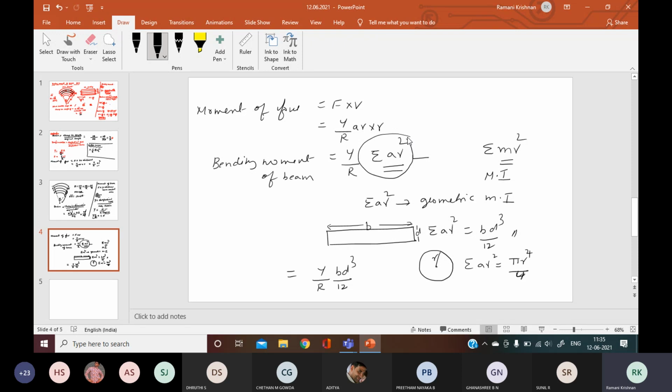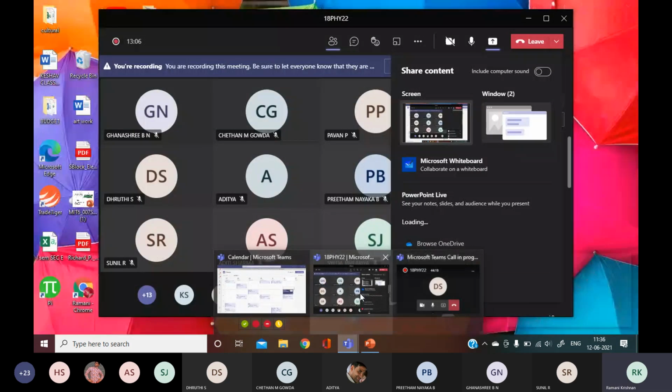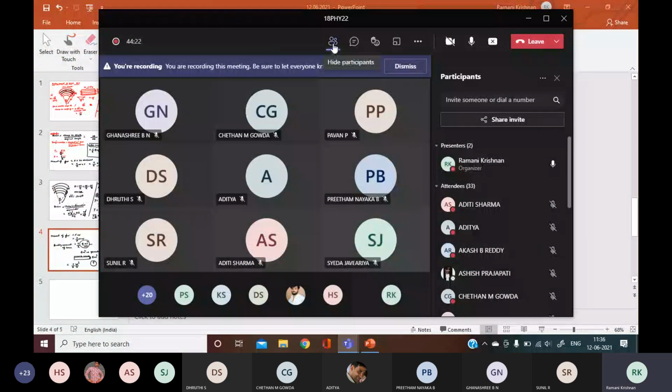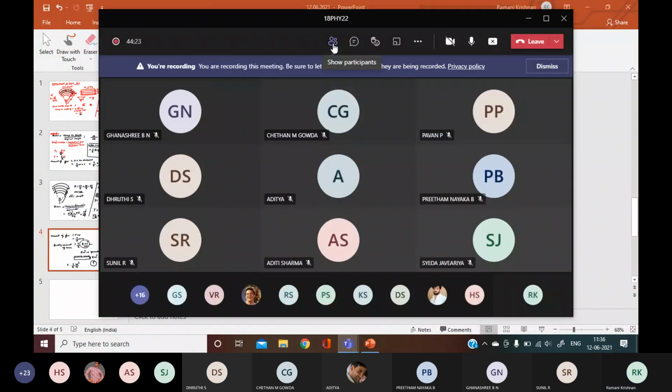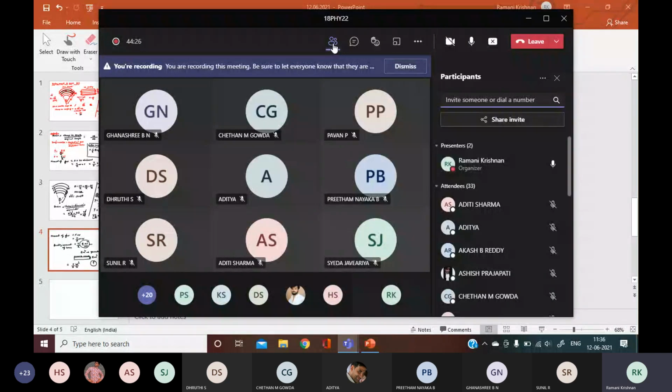So in longitudinal strain, what will change? Length will change. And the symbol is alpha.